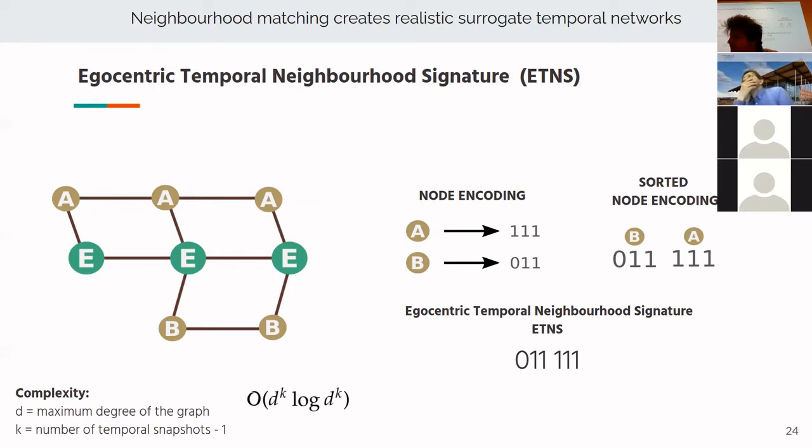And this is an exact algorithm. Of course, it works only for the first order neighborhood. Otherwise, this trick is not going to work. But now we have an algorithm to compute if two egocentric temporal neighborhoods are identical, and we can do it in a really fast way because we just have to compute if two strings match.